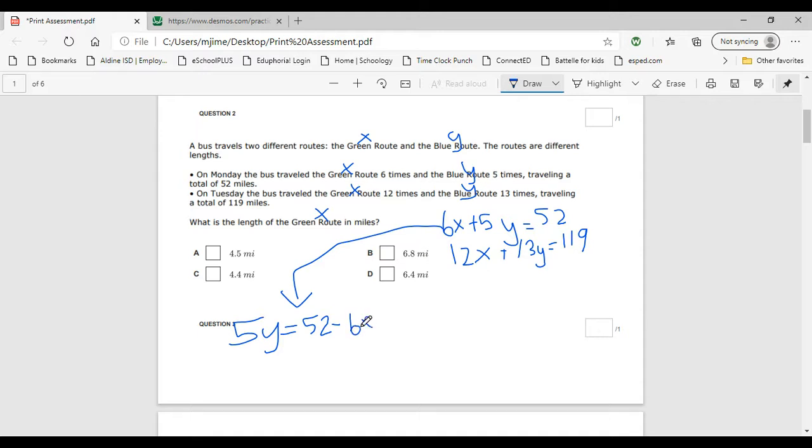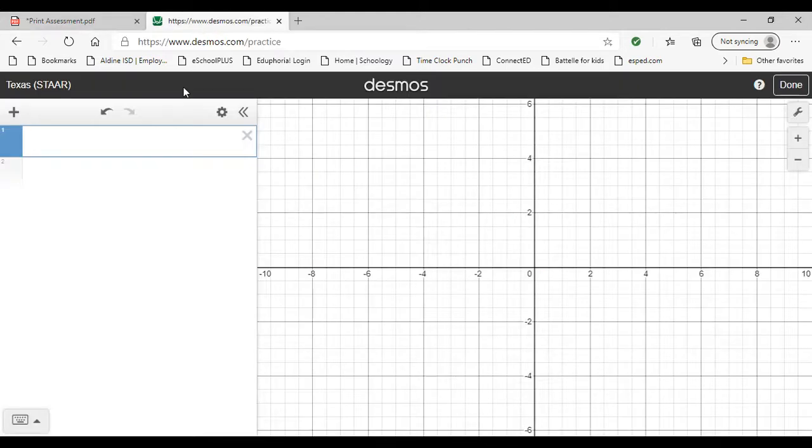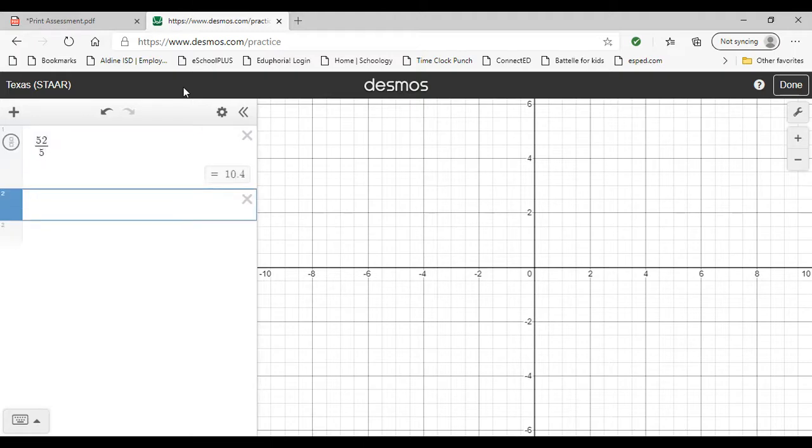All right, and then the next thing I'm going to do is divide everybody by the coefficient of y, which is 5. If you don't want to work with fractions, that's okay. You can change this to a decimal. So y equals, if it doesn't come out to a pretty decimal, then you would have to leave it alone. So over here it says 52 divided by 5. That's a good decimal. And how do you know it's a good decimal?